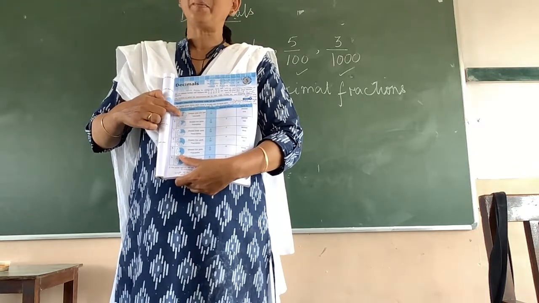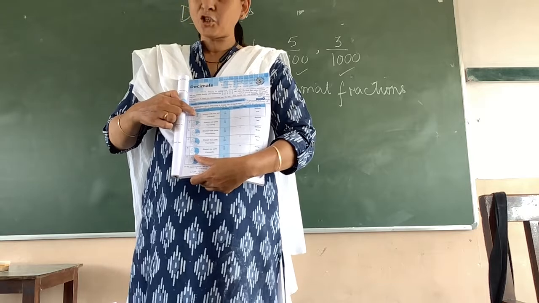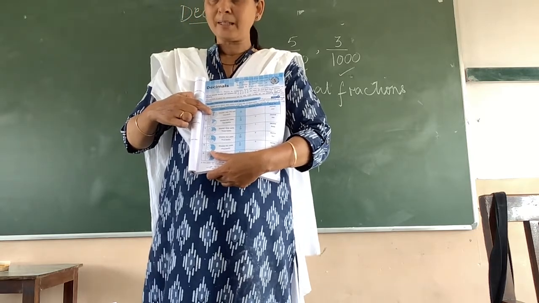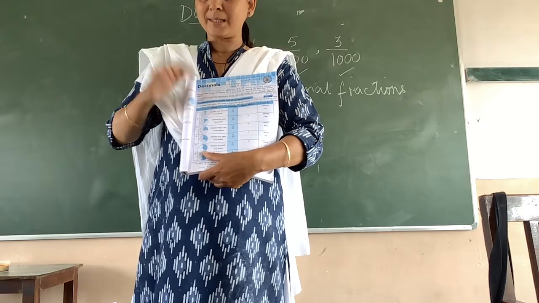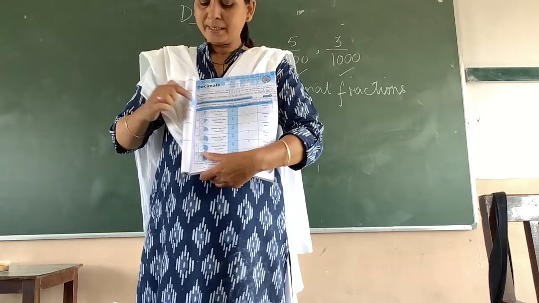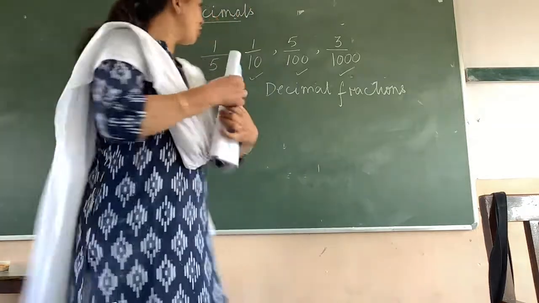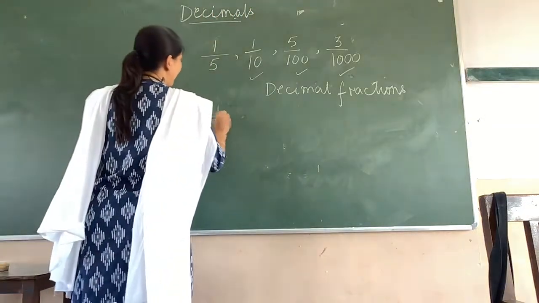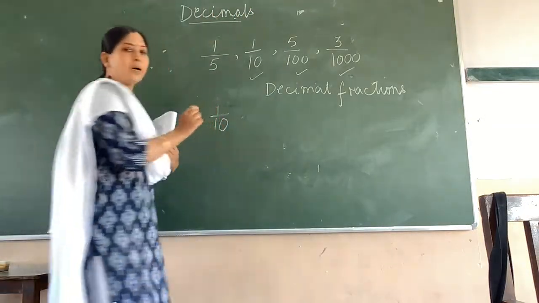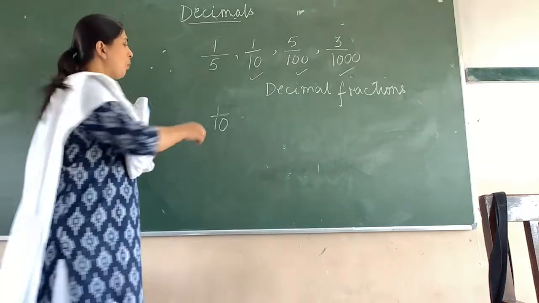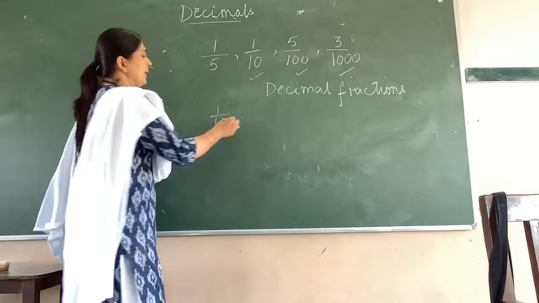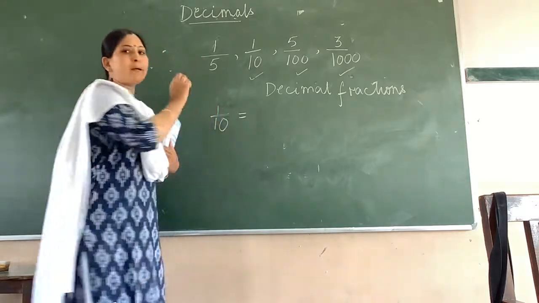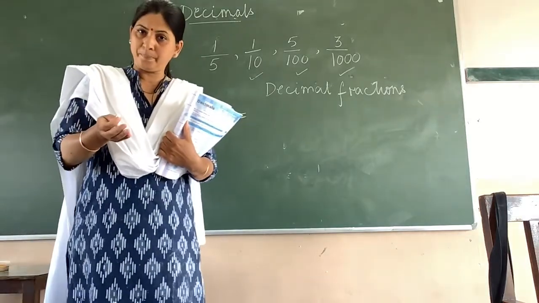So how can we represent this shaded part in fraction? One part out of 10 parts is shaded, isn't it? So in fraction it can be written as 1 over 10. Now 1 over 10 is a fraction, but it can also be written in a different form.